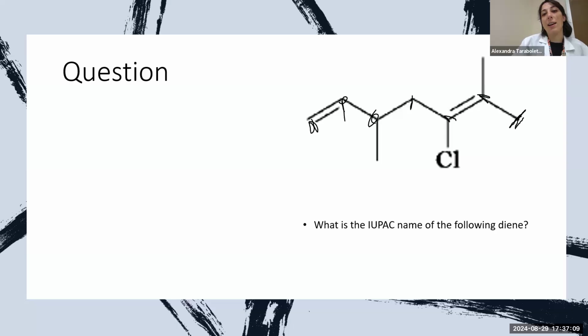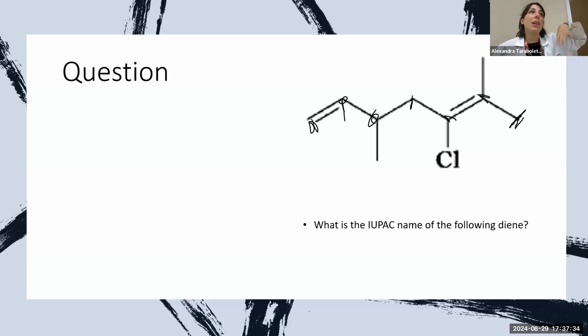Hept, and where should I start this chain? As far as where should my number 1 be? On the left, right? As far as functional groups go, the double bonds have priority.